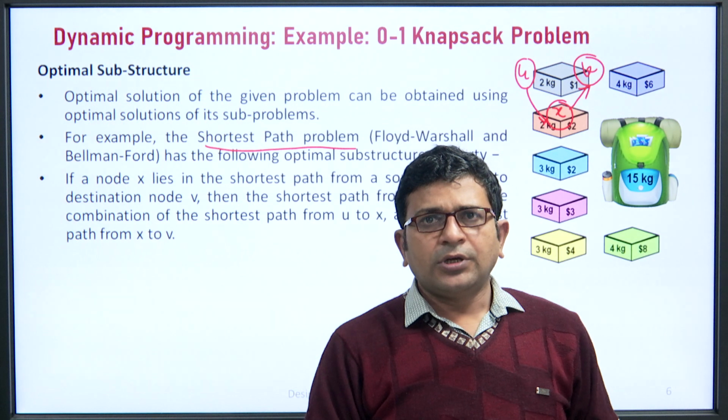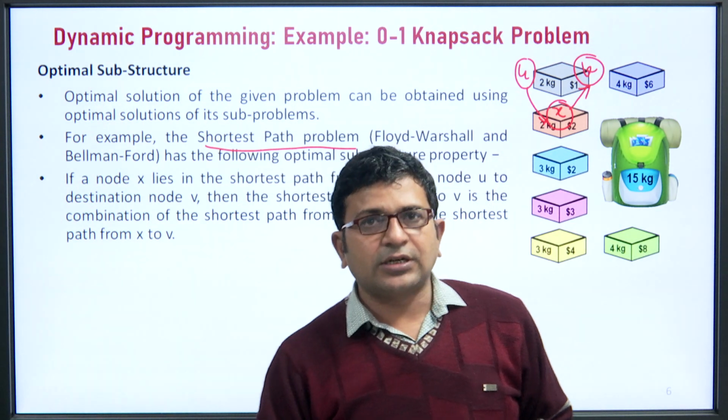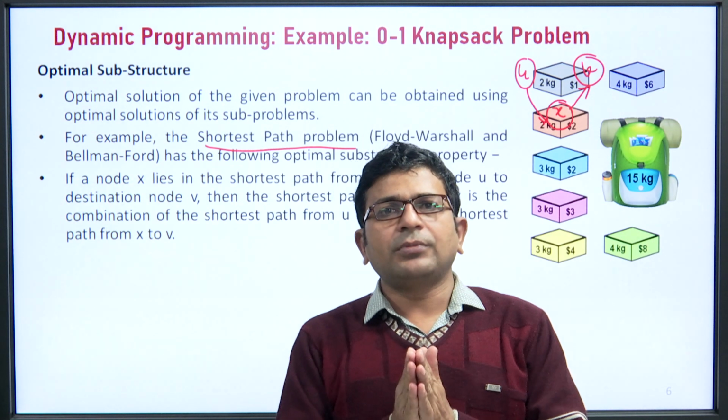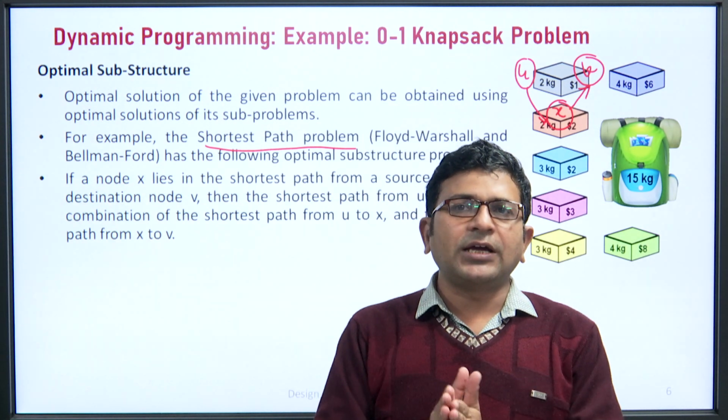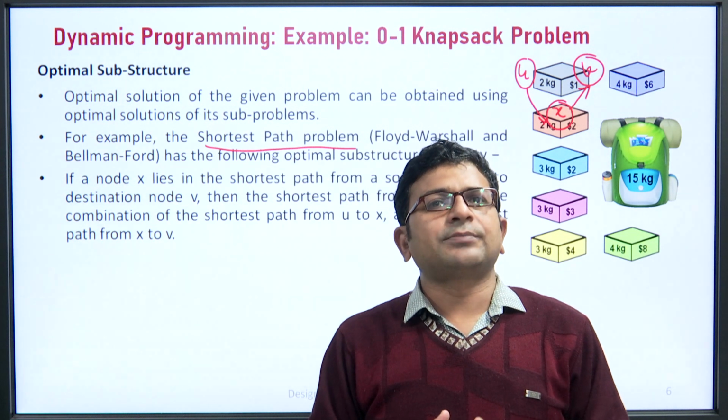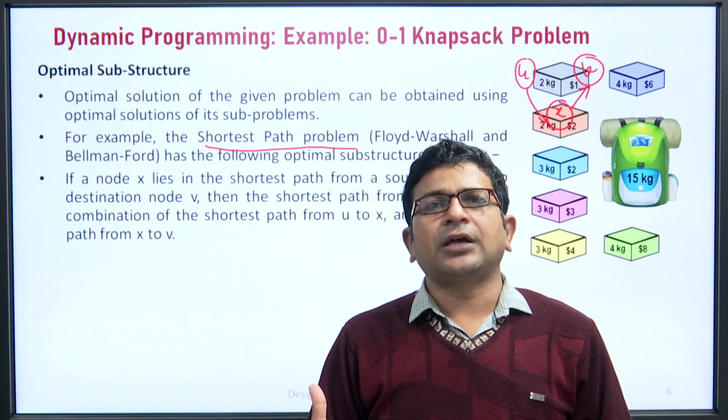Now, here we are going to take an example, that is the knapsack problem. So, what is the knapsack problem? We have a knapsack, means a bag, and it has a maximum capacity that it can hold.